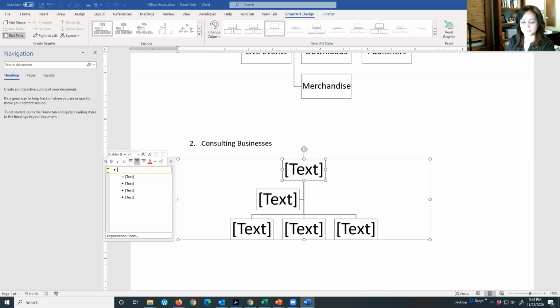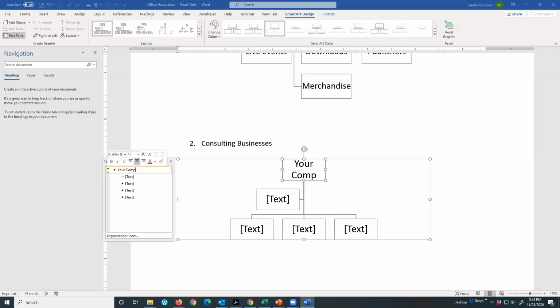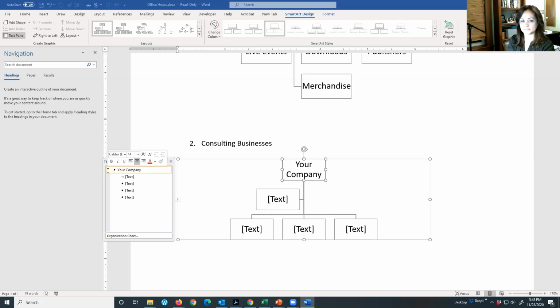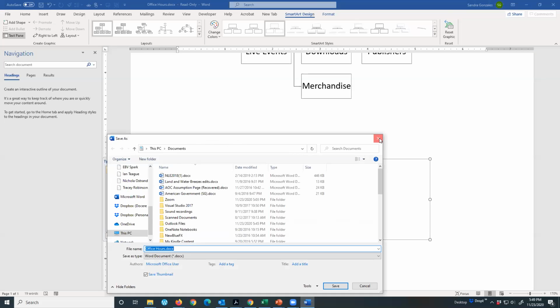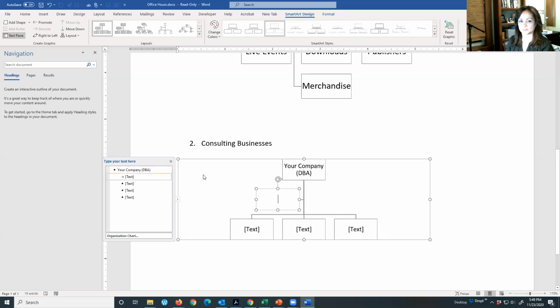Okay, we're going to put your company here. If you have several different ideas, I'm just going to put this down here as a DBA, doing business as. And you can file for that through your Secretary of State.